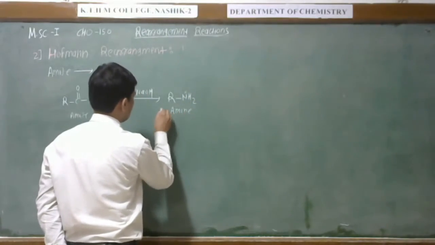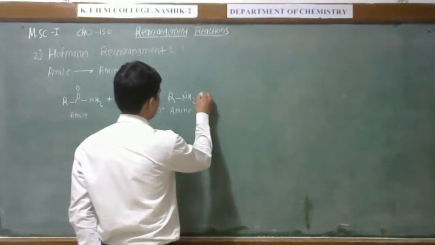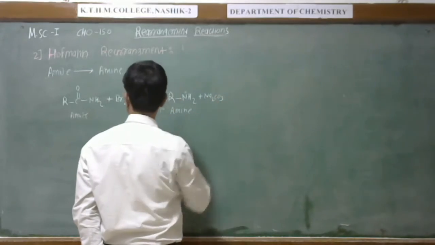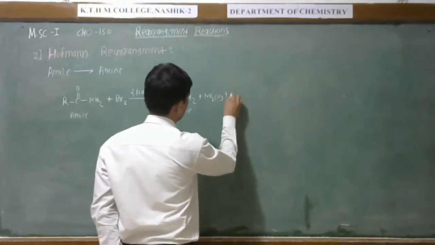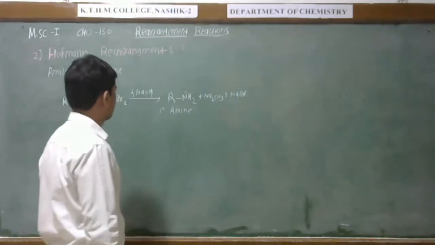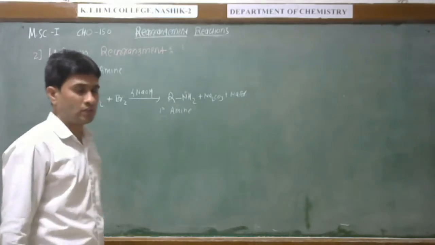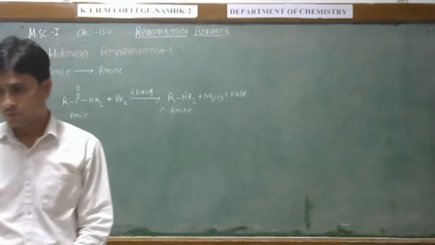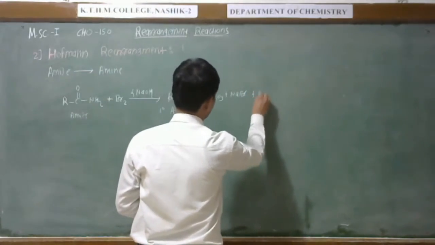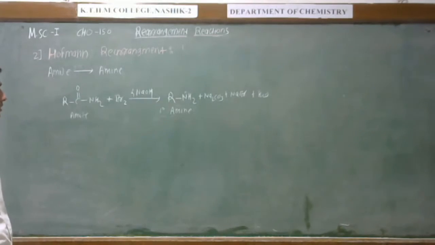This is the primary amine which forms here, and in this case we got the byproducts Na2CO3 plus NaBr. Water is also formed, because of the hydroxide here.